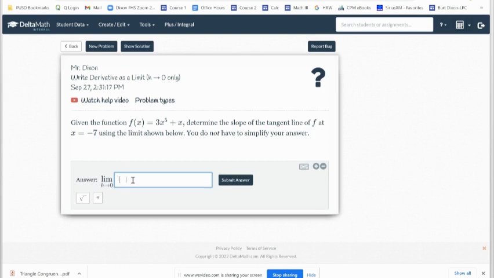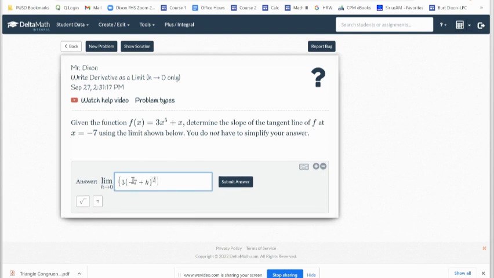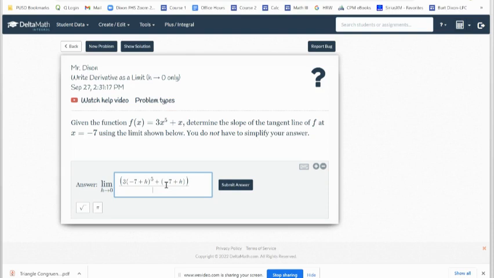I'm going to put parentheses, and I'm going to put 3 in place of x. I'm going to write (-7 plus h), oh, sorry, that should be to the 5th power. So there's my 3x to the 5th plus x. And again, in place of x, I'm putting -7 plus h. And then I'm going to divide all that.